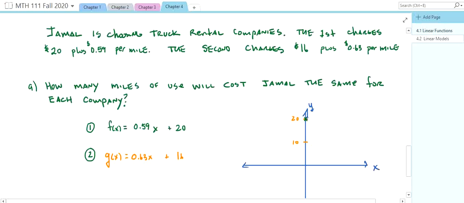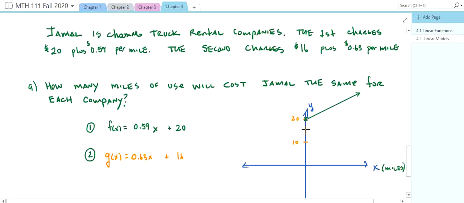But it has a cost of 59 cents per mile, so that's going to be a positive slope, which means that as the number of miles of use increases, so linearly does the cost for this truck.